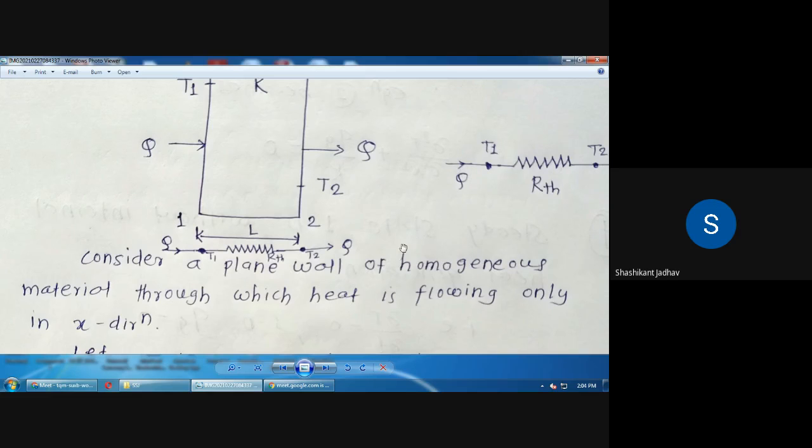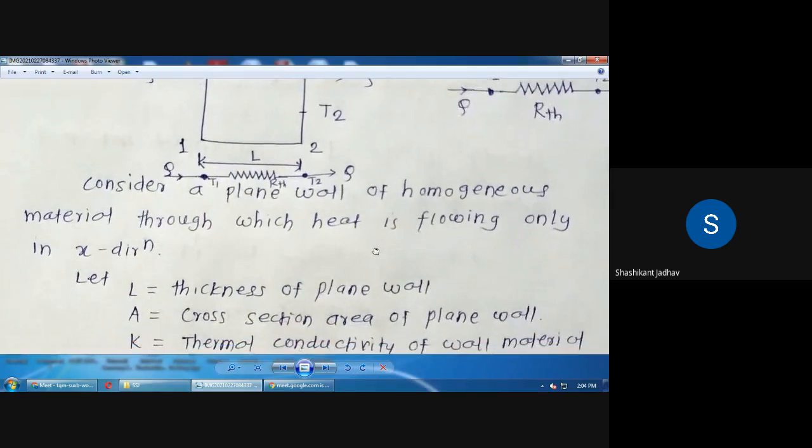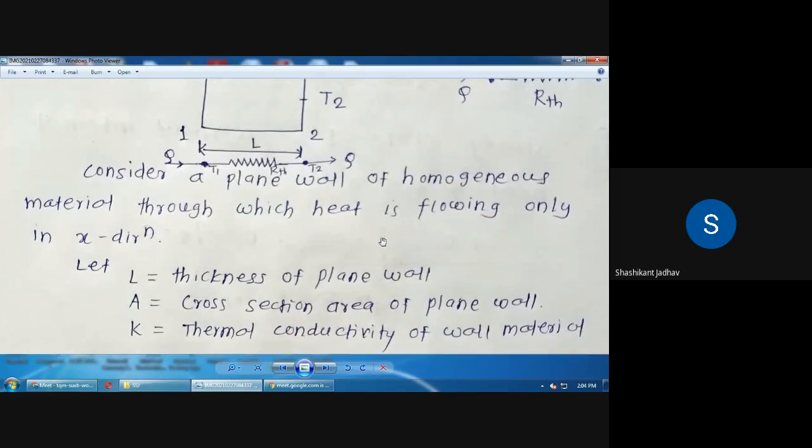Okay, we have to consider this a homogeneous material through which heat is flowing only in the x direction. Let capital L be equal to the thickness of the plane wall. In the diagram L is given, and L is nothing but the thickness of that plane wall. So write down: L is equal to thickness of plane wall.